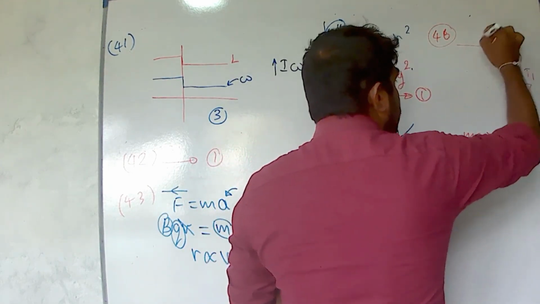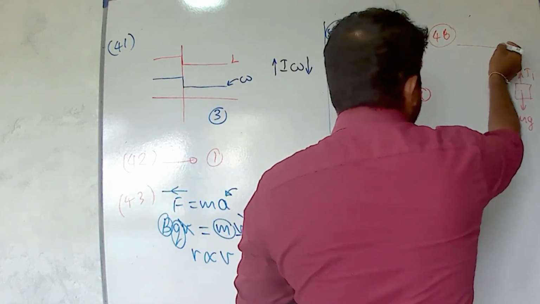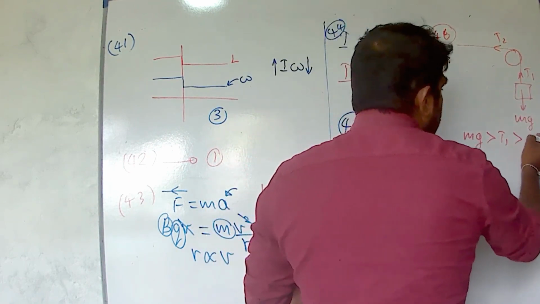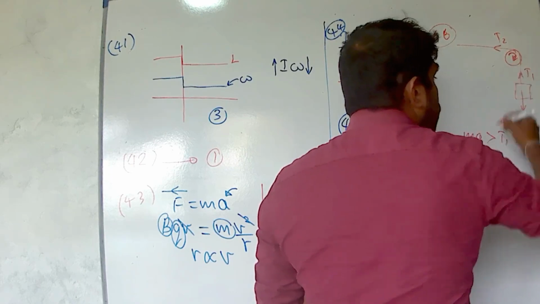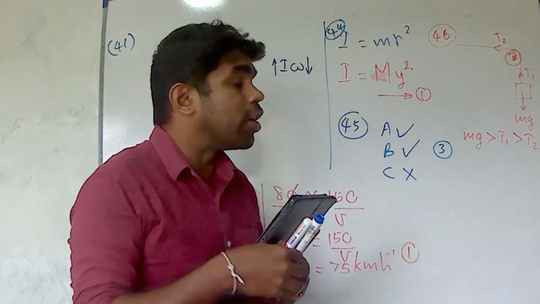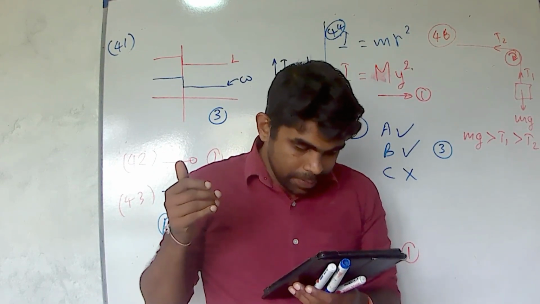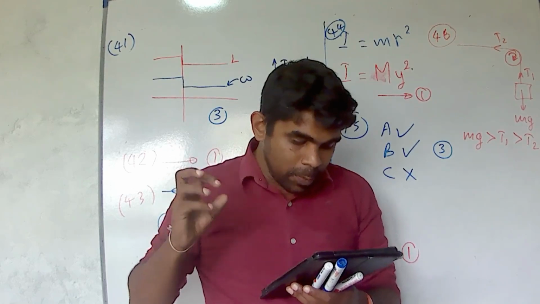If this object is accelerating, this T2 tension should always be less than T1, because they have given that when released from rest, mass M and the pulley accelerate.